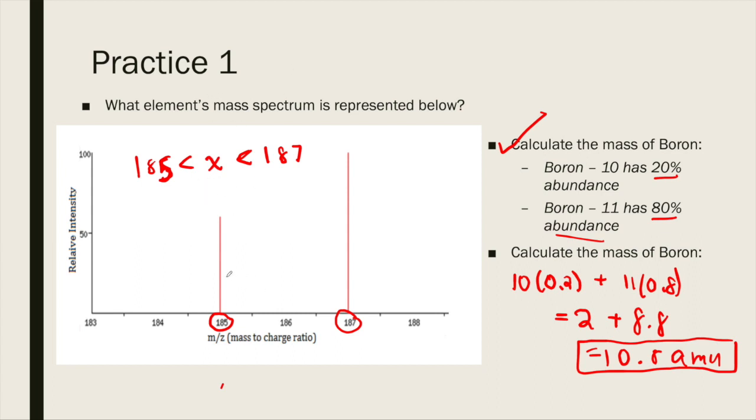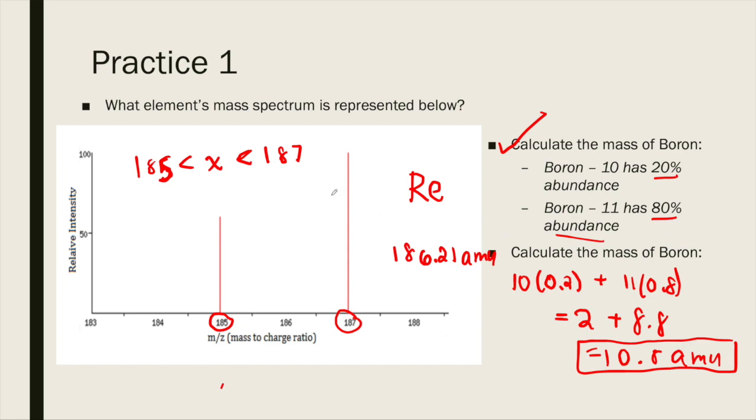Now, looking at it, what elements pop out to you between 185 and 187? Okay, the only element that comes to my mind is Re. It has a mass of 186.21 AMU. And that fits perfectly, right?